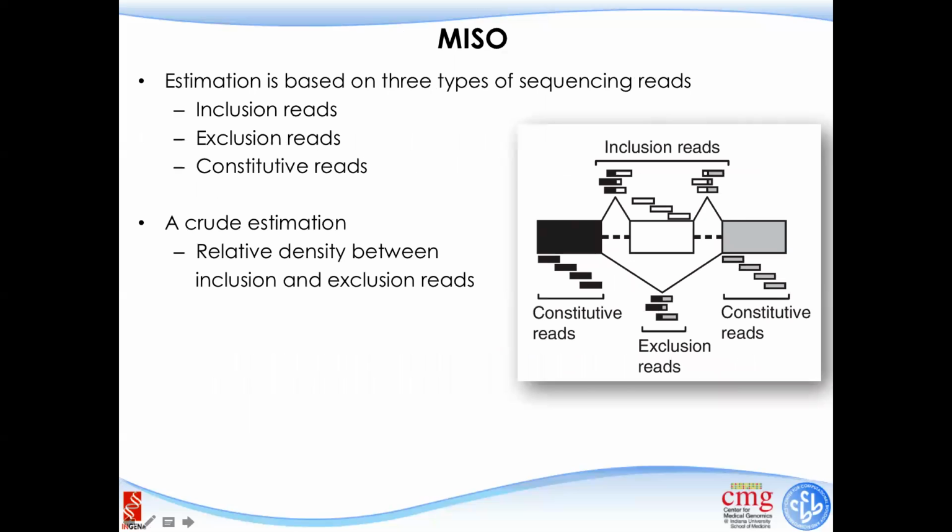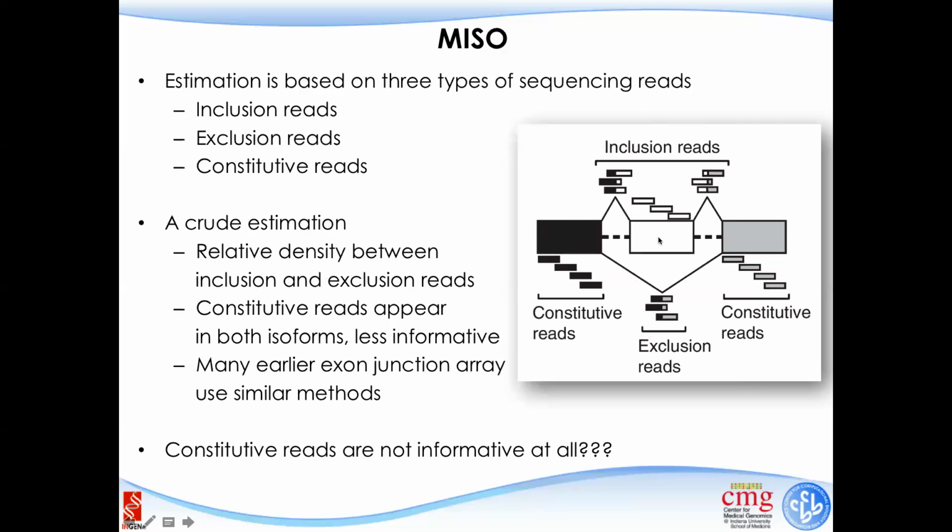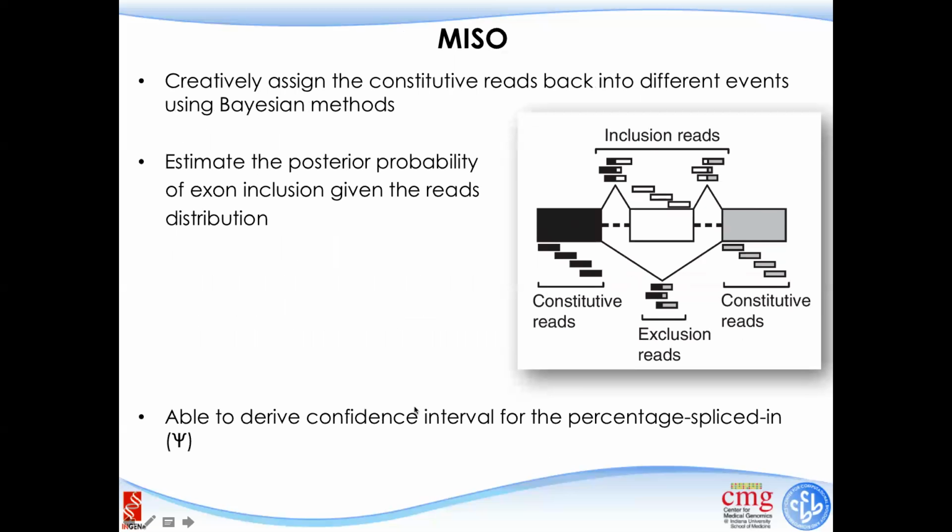Here, the methods start from three different kinds of reads: the inclusion reads, the exclusion reads, and the constitutive reads. They use the relative density between inclusion and exclusion reads to estimate the percentage of the inclusion event. This is quite similar to the early exon junction array-based methods.